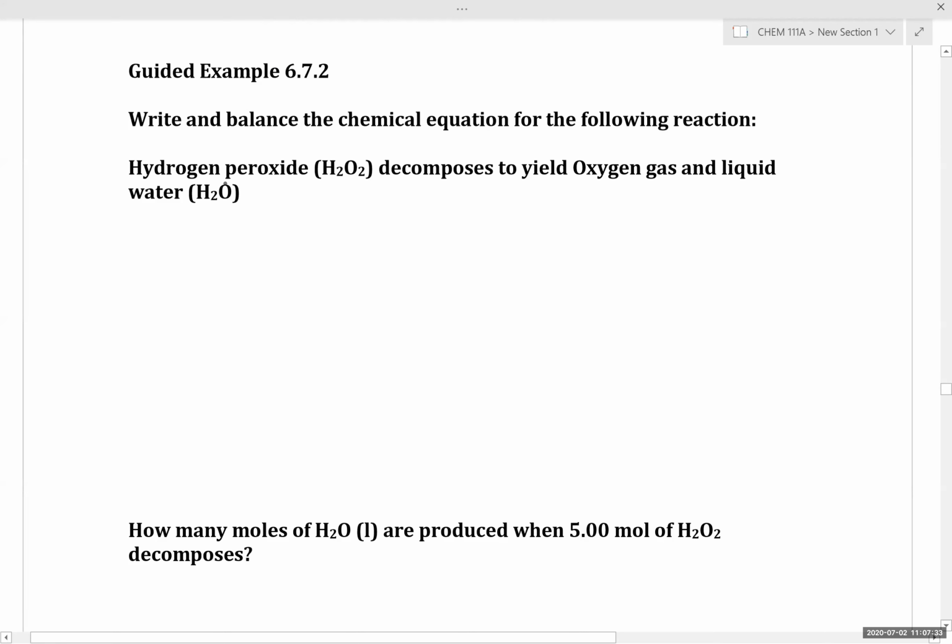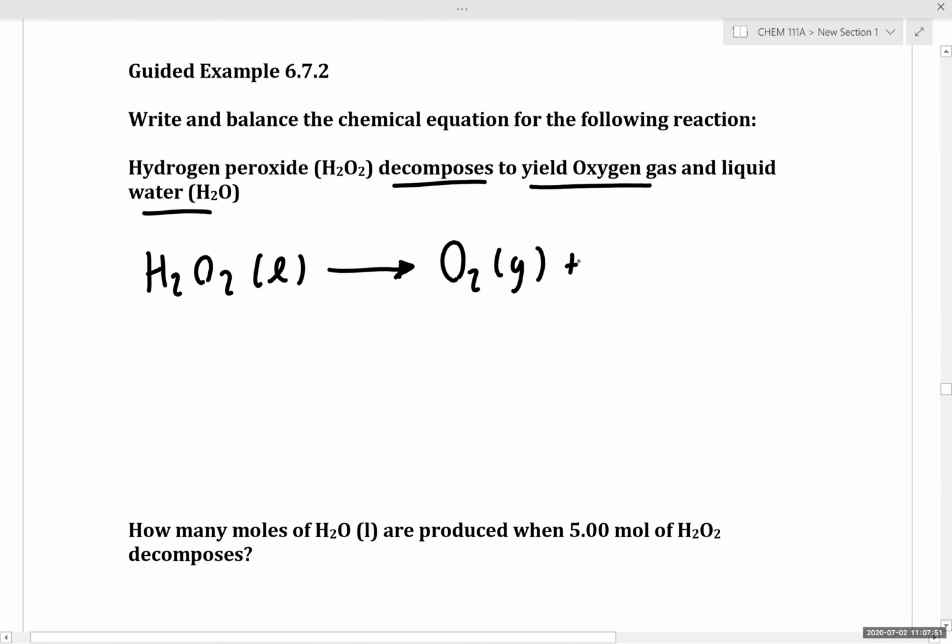So hydrogen peroxide decomposes to yield oxygen gas and liquid water. Okay, so hydrogen peroxide is H2O2. The to yield says I have to draw an arrow. Oxygen gas is O2 gas. And water is H2O liquid.